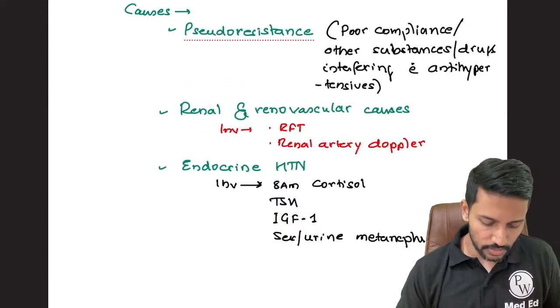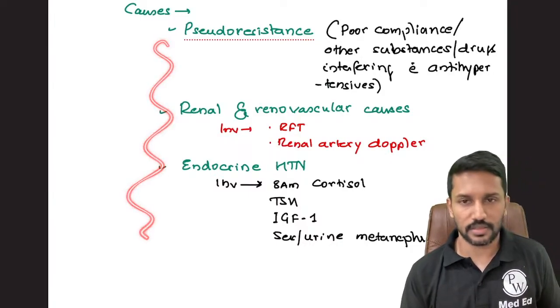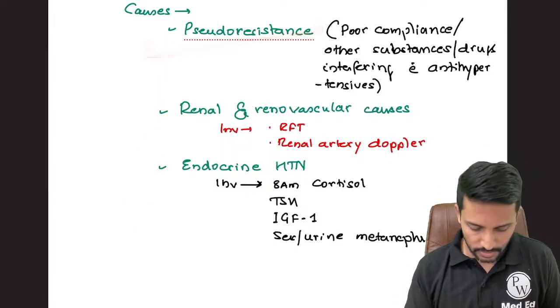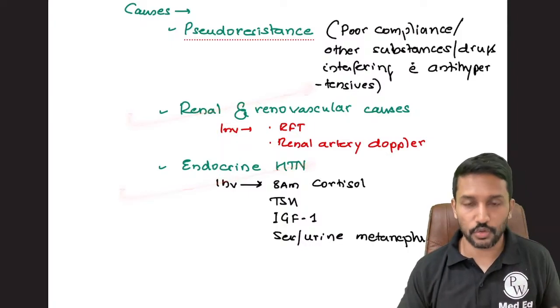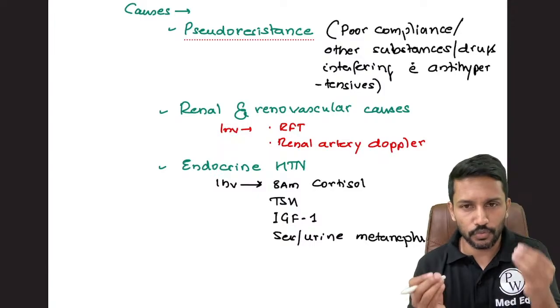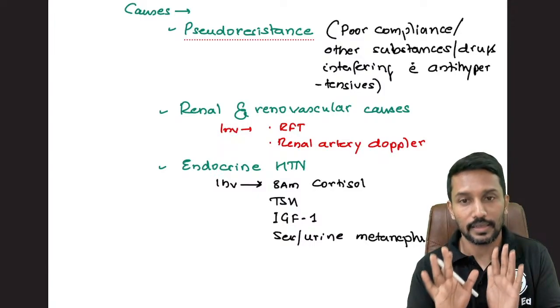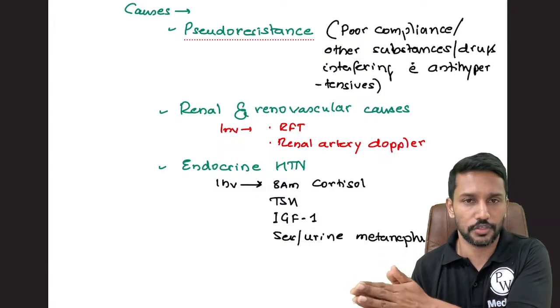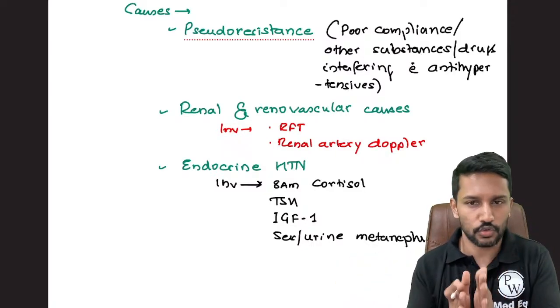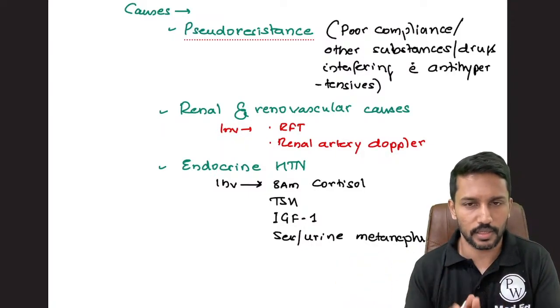Now, when you rule out the common causes for resistant hypertension and you don't find anything, like compliance is fine, renal functions are fine, endocrine causes are ruled out, then we call it true resistant hypertension. So there are terms here: pseudo resistance, resistant hypertension, and true resistant hypertension. Resistant hypertension is where your BP is not controlled despite use of 3 medications in which one is a diuretic.